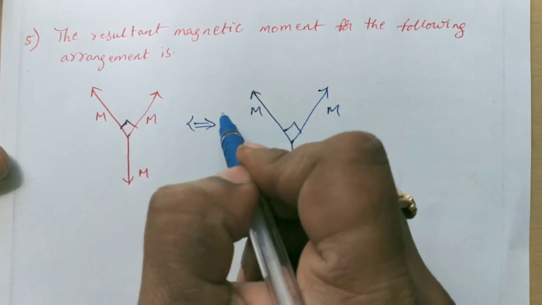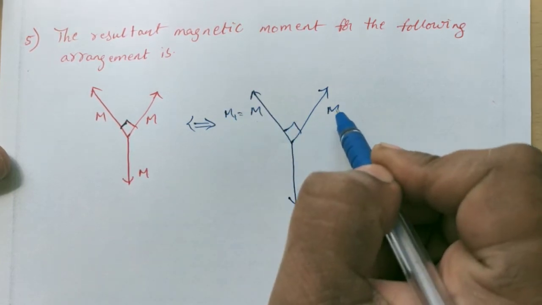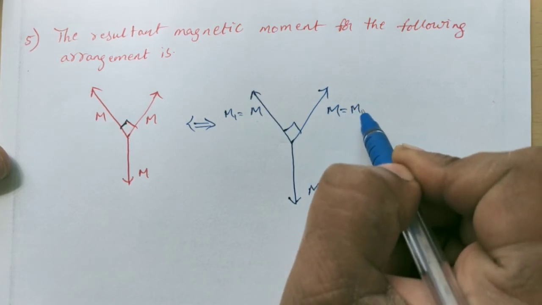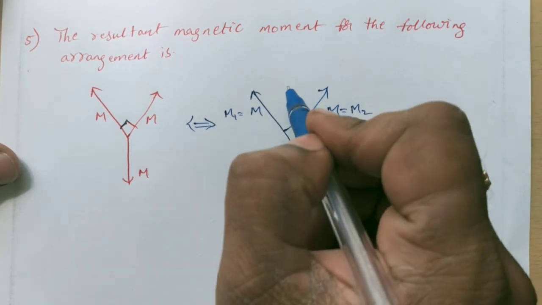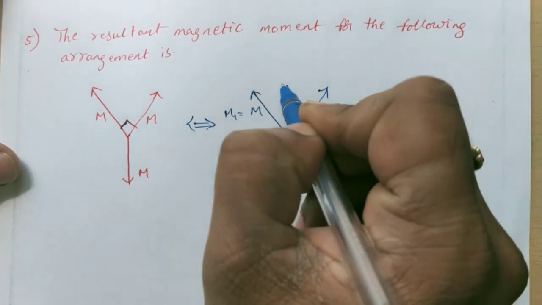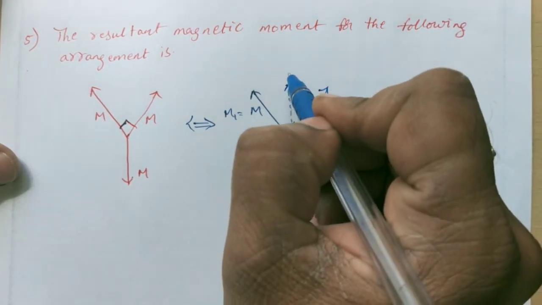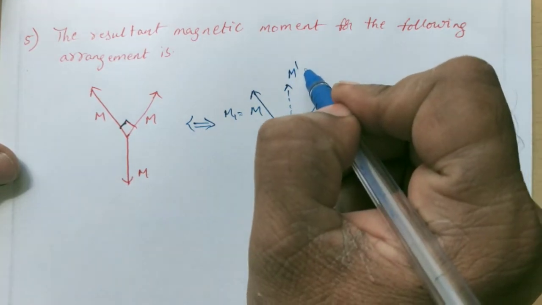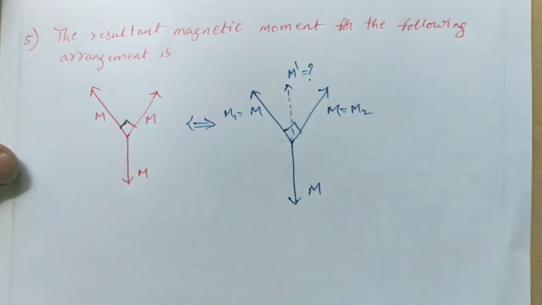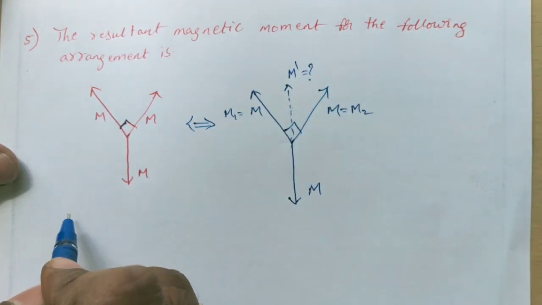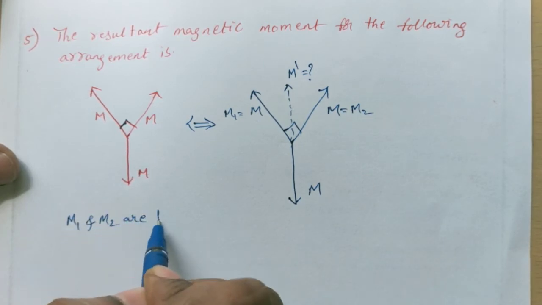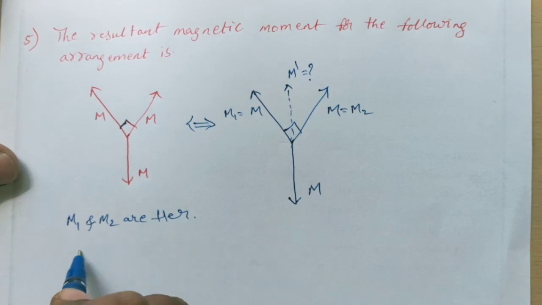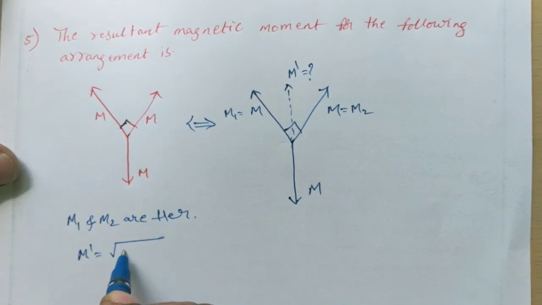Let me take this one as m1 and this one as m2. m1 and m2 are perpendicular to each other, so ultimately in this direction we get a resultant, which is m dash. First we will find m dash. Since m1 and m2 are perpendicular, m dash is equal to root over m1 square plus m2 square.